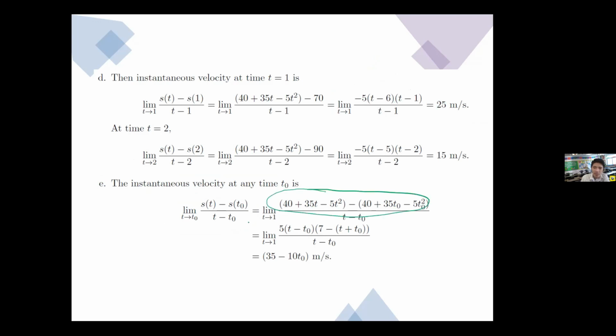Ma-minus man eh, 40 minus 40 mawala na na. Ang mabilin ana is 35t, minus 35t sub 0, tapos mabilin pod si negative 5t squared, plus 5t sub 0 squared.